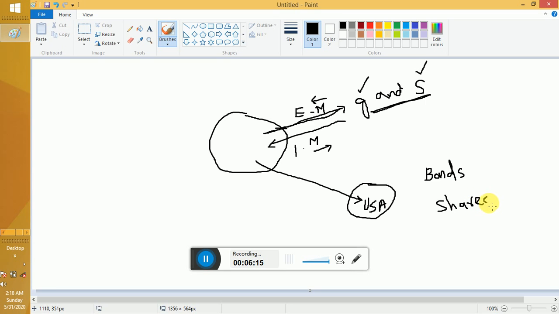Now see, for bonds, they will receive interest. And for shares, the people who are sitting in Afghanistan will receive dividends and capital gains.